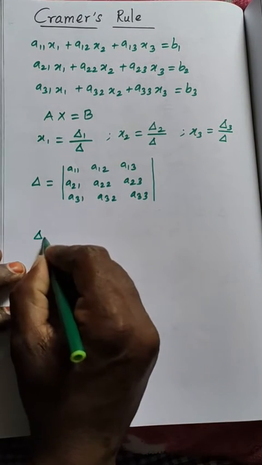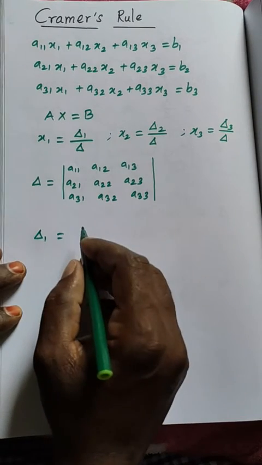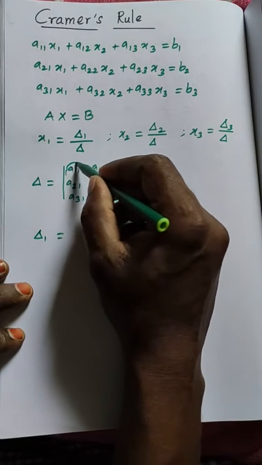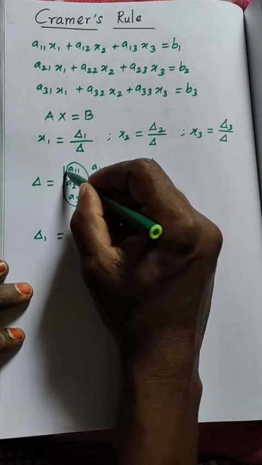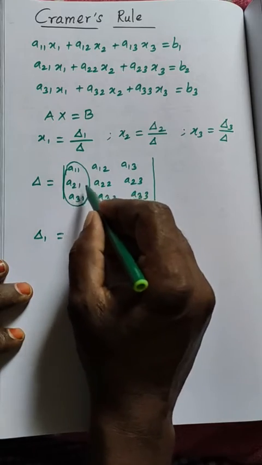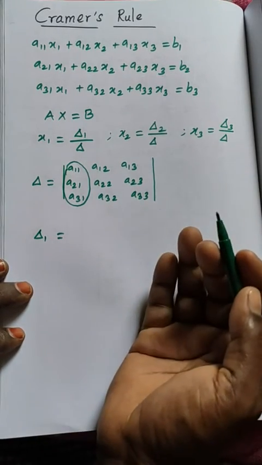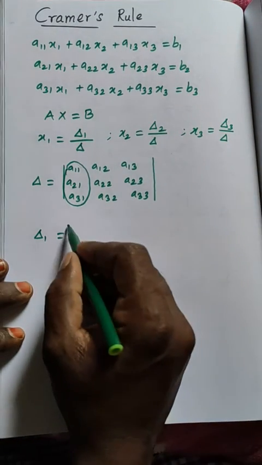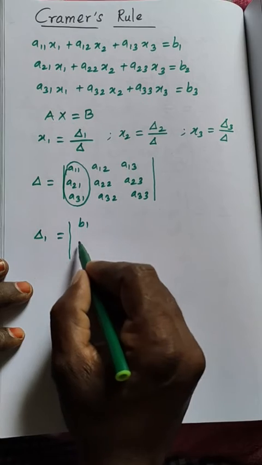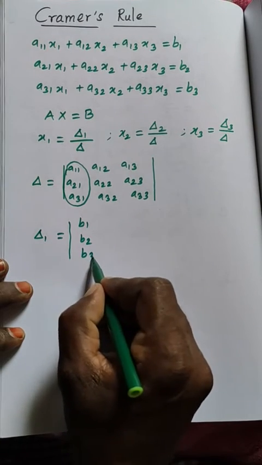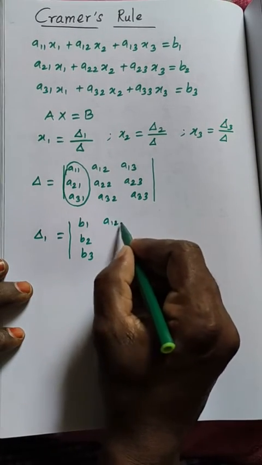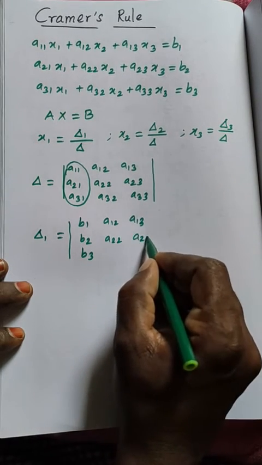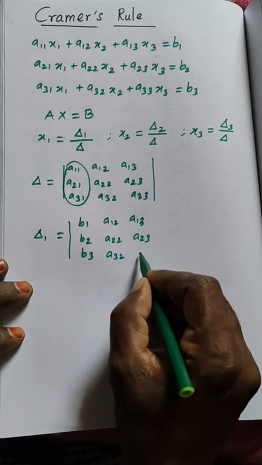Then delta 1 is obtained from delta by deleting the coefficients of x1. All the x1 coefficients are removed and insert the constant matrix B: b1, b2, b3, a12, a13, a22, a23, a32, a33.